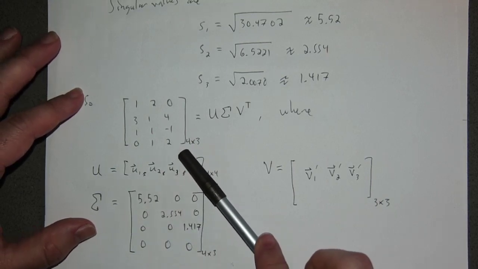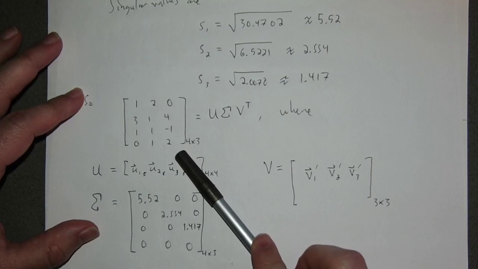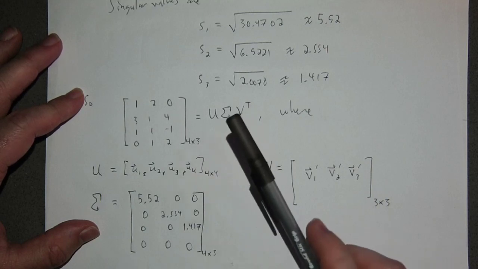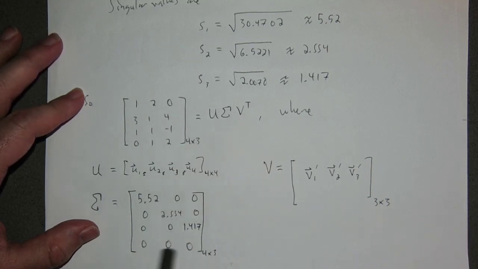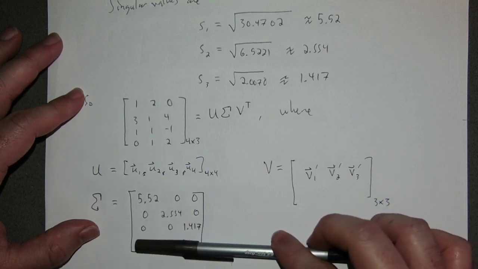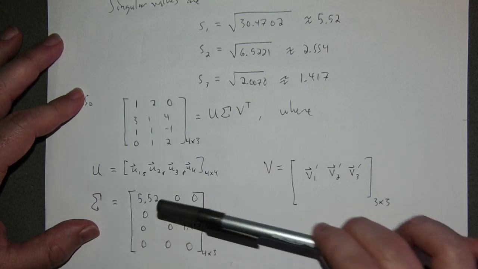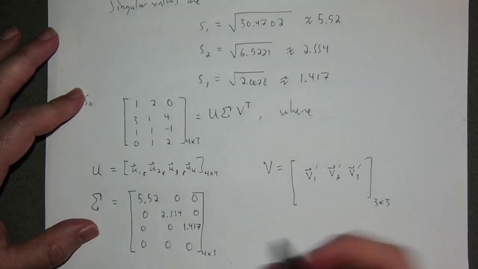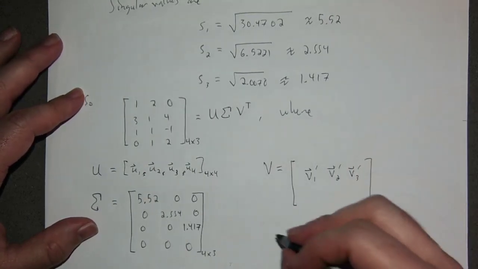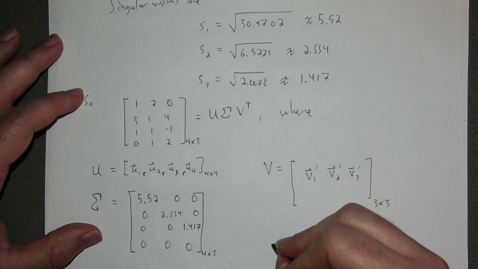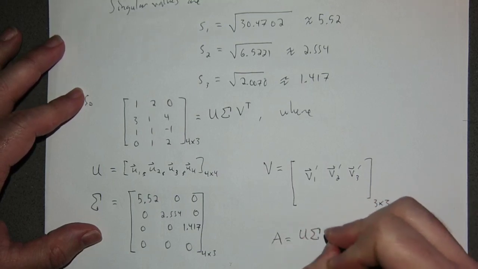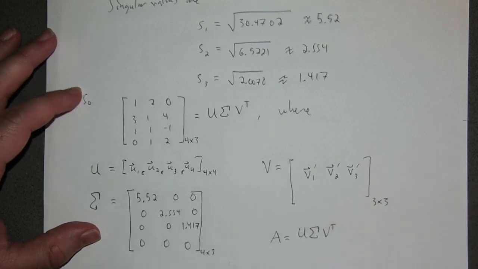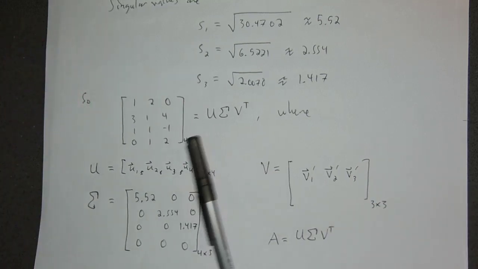If I just threw out that column, and I also threw out this all 0 extra row of sigma, then actually we would still get that A is U sigma V transpose. We would still get this, even tossing that out.